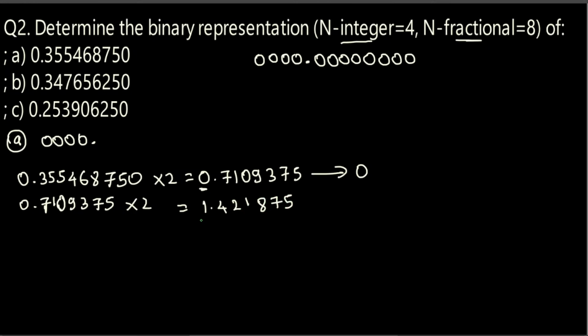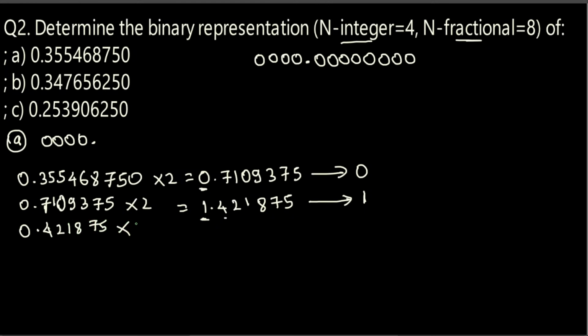Here in front of the decimal point we have 1, so we put that there. When I bring the next value, I shouldn't bring the 1, I only bring the value after the decimal point, in this case 0.421875.